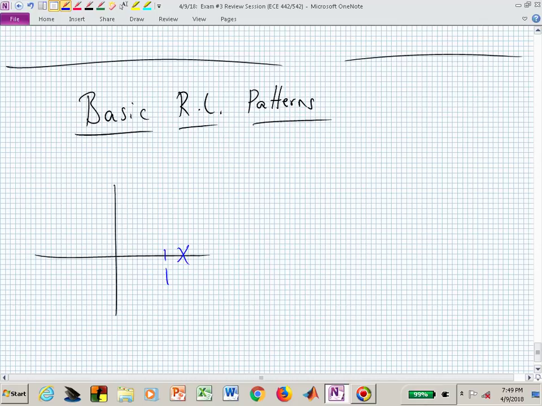What can you tell me about this particular system? 1, can you sketch the root locus? Based on that root locus, can you tell me something about stability bounds for K?